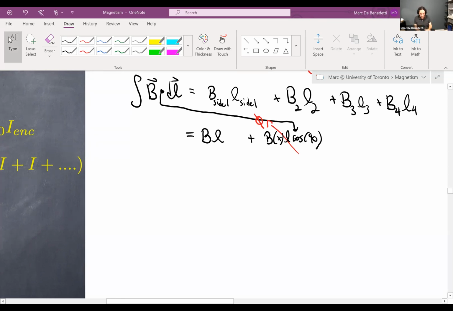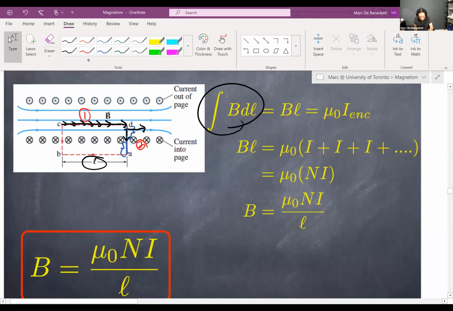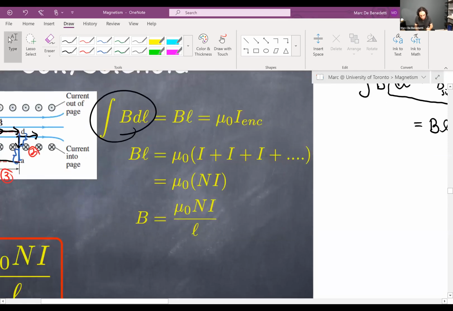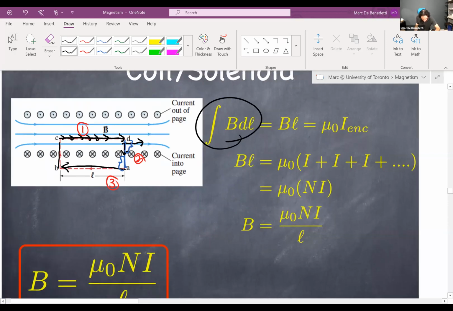So cos of 90 makes this contribution 0. Beautiful. And then the third portion of my Amperian loop is down here along the bottom. Is the B field constant everywhere along the bottom part of the Amperian loop? Yes, it's constantly 0. Easy peasy. I love multiplying by 0. So this is simply just going to be 0. And then the fourth part is up here.